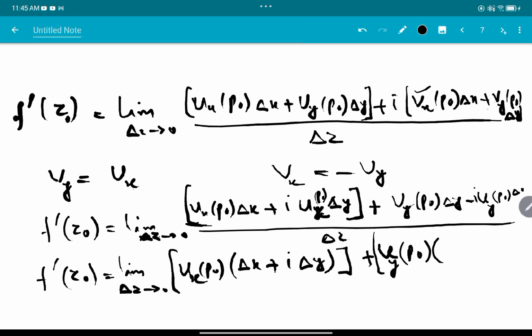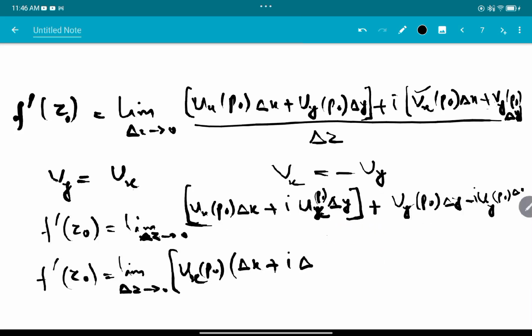This I have to change because I want it like this: delta x plus i delta y.